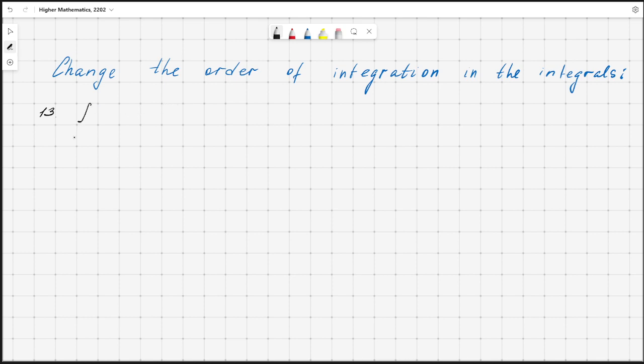Integral from 1 to 2 of integral from 3 to 4 of f of x y dx dy.